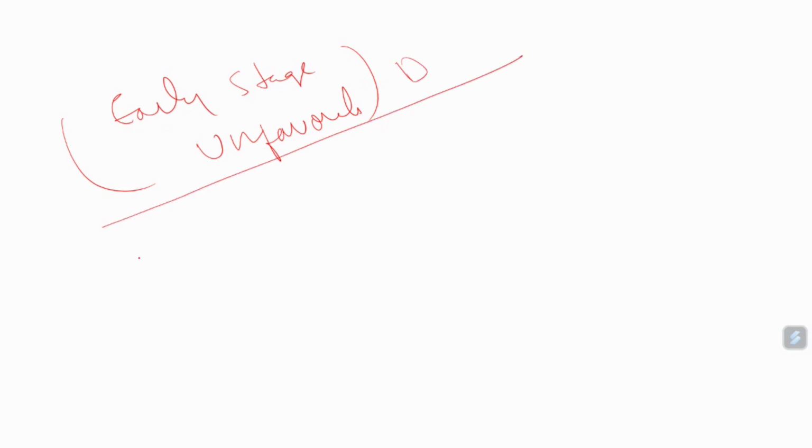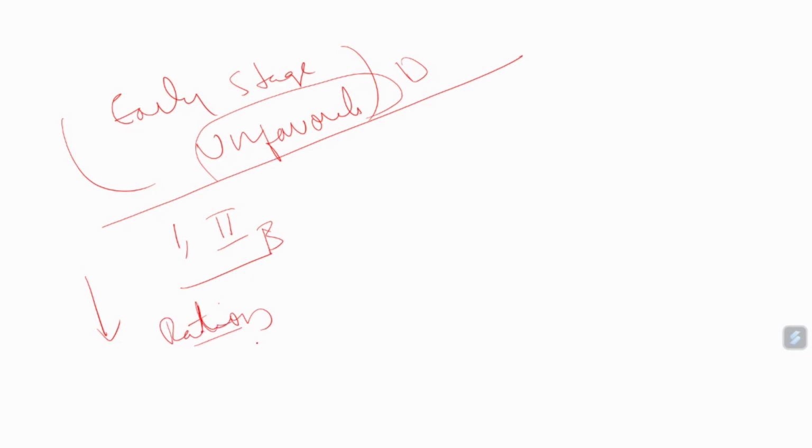First, let us discuss the early stage unfavorable disease condition. The unfavorable condition has stage 1 and stage 2 where the patient will have B symptoms. 1B and 2B are considered unfavorable condition patients. In these patients the prognosis is very low if radiation therapy alone is given.